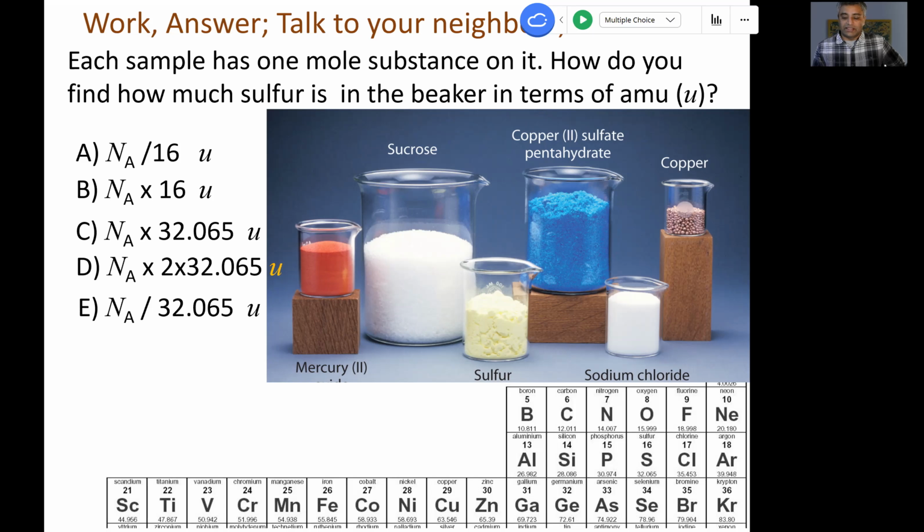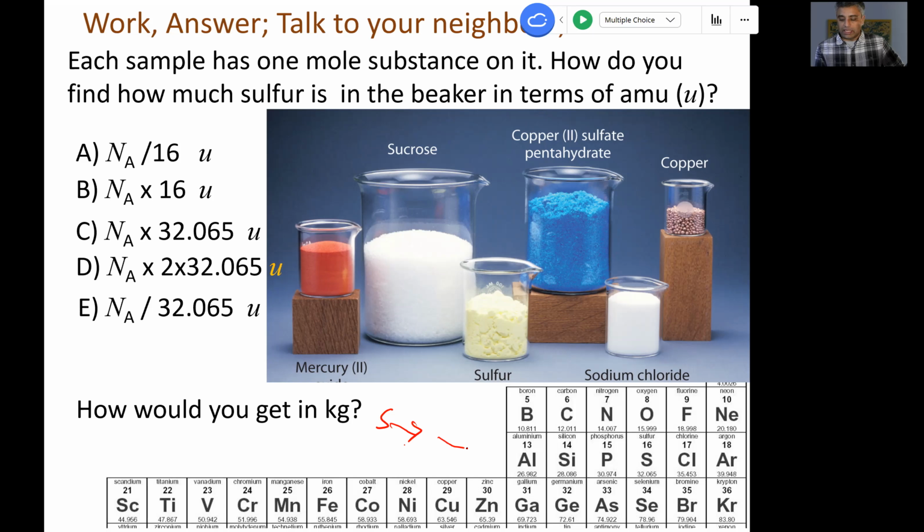So they exist in atomic form here. That means we don't need to double the sulfur. We don't need to do S2 like H2. We just need S. So what's the mass of one atom of sulfur?